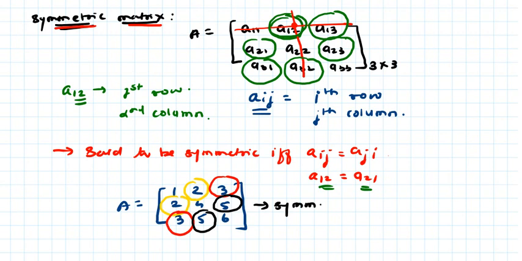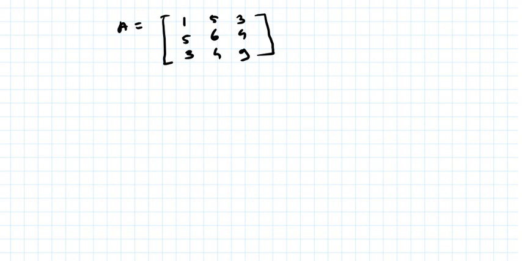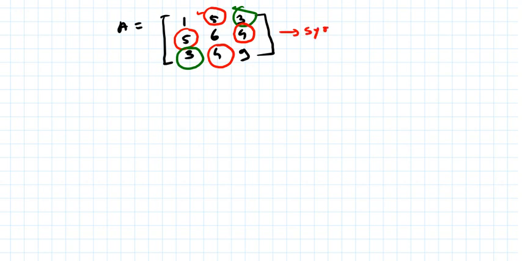One more example. Suppose matrix A is 1 5 3, 5 6 4, 3 4 9. Here A12 and A21 are equal, A13 and A31 are equal, and A23 and A32 are equal. So it is a symmetric matrix.